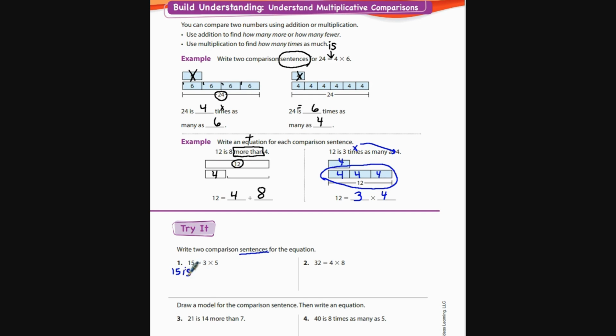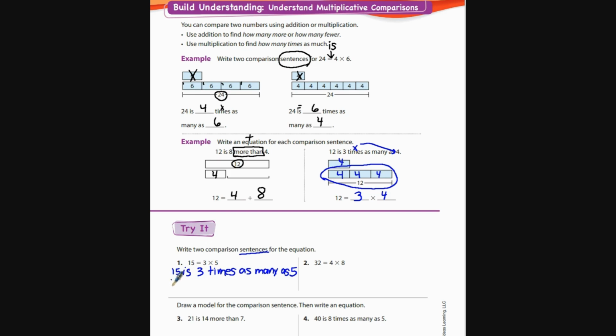Let's do it like this. 15 is 3. So write 3 times as many as 5. Then I know, okay, now I'm done.